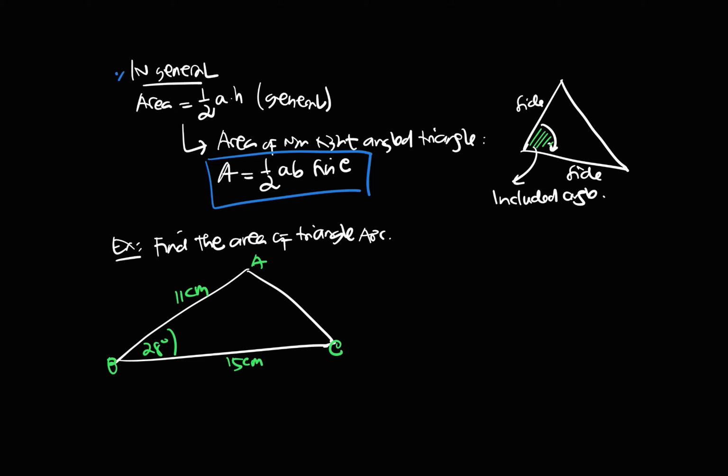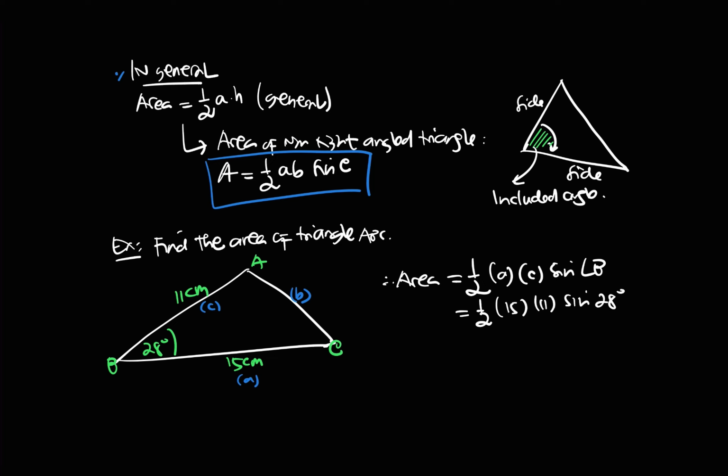So the area of the triangle equals half, this reflects to A, that reflects to C, and that's B. Half times side A times side C times sine angle B. So this is half times 15 times 11 times sine 28 degrees.